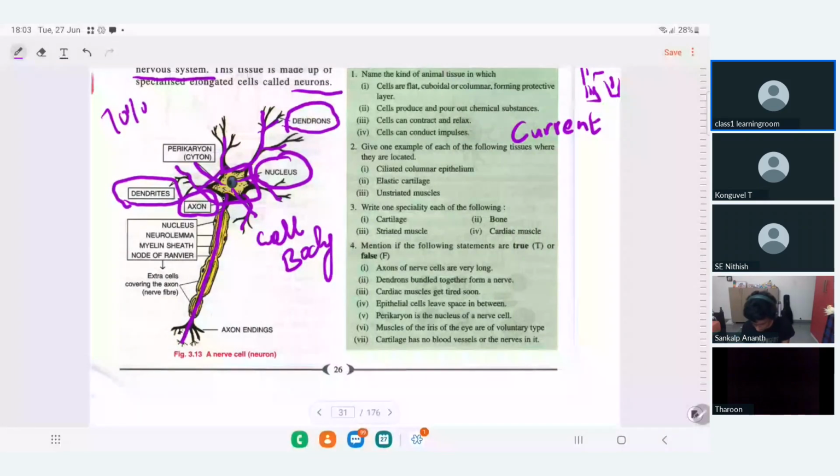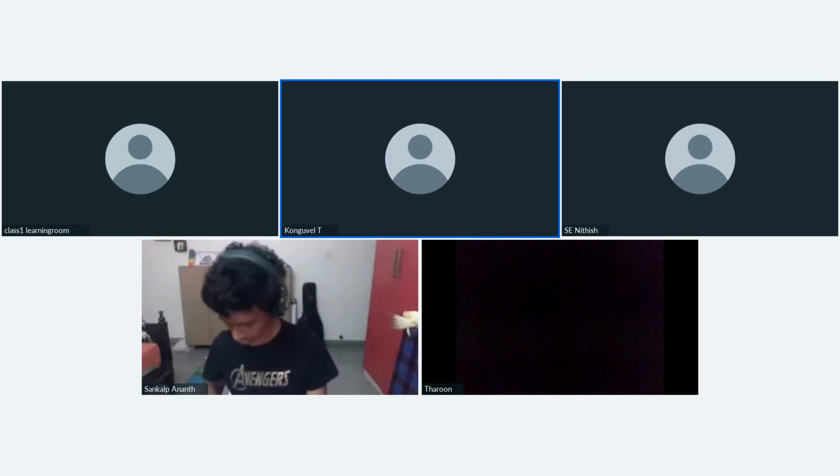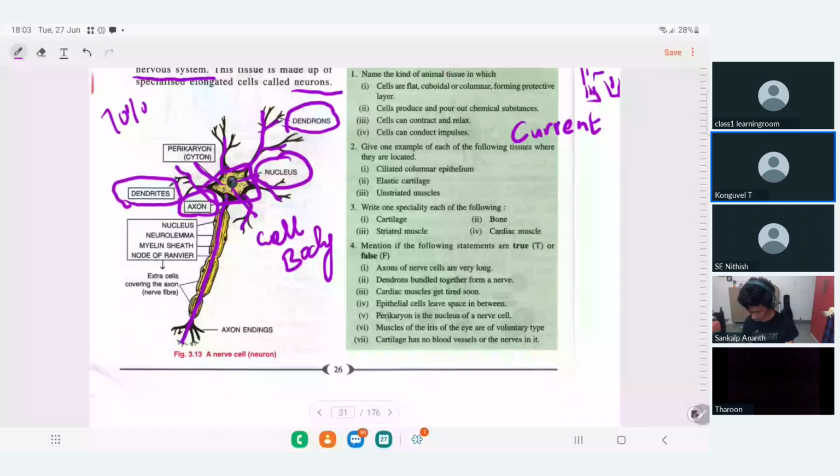Inside, the small dot is the nucleolus. The entire diagram is one nerve cell, one neuron. It's not a nerve fiber, it's one cell.